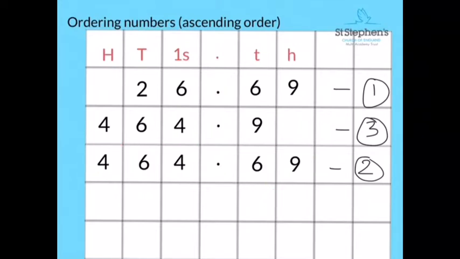Well, it's not, because actually in the tenths column we have a larger digit in 464.9 than we do in 464.69. So it's very important when working with decimals not to simply count the digits. You must look very closely at the value of the digits, what place value column they are in.